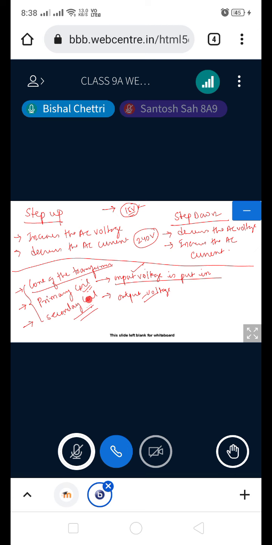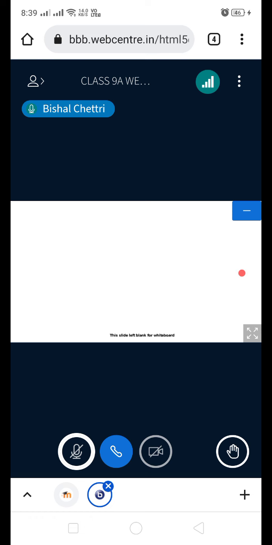Okay. So if you see the construction of this now, say this is the core of the transformer. This is the core of a transformer I made. Now, this is my primary coil.